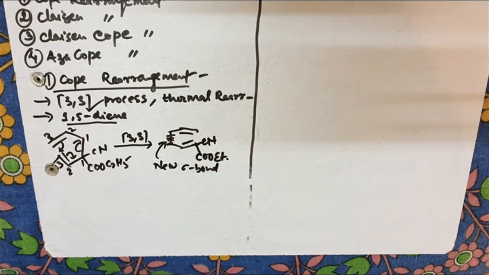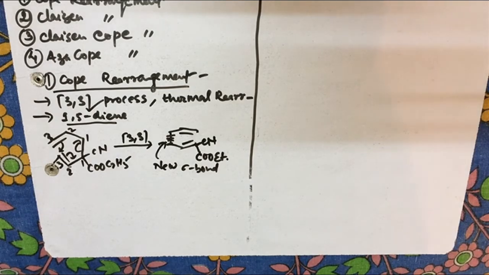If we talk about the stereochemistry of this Cope rearrangement, it basically goes through a chair-like transition state, and the rearrangement of a meso-diene through such a transition state gives cis and trans isomers.